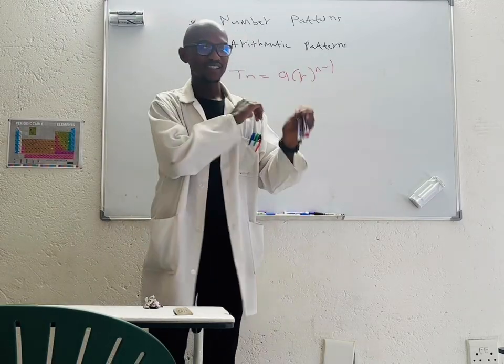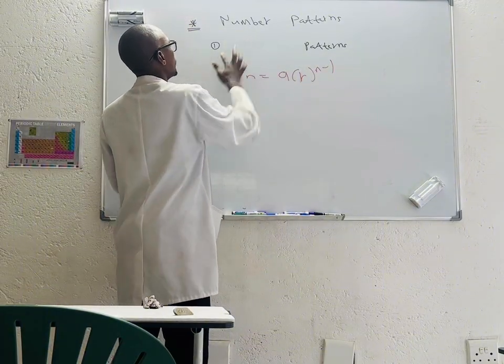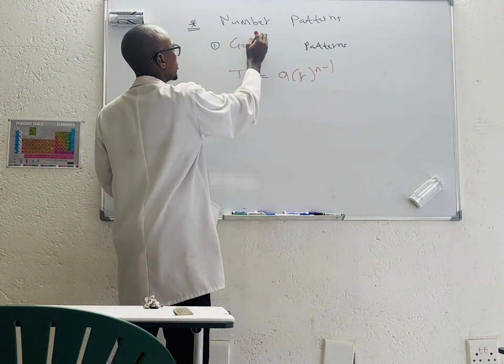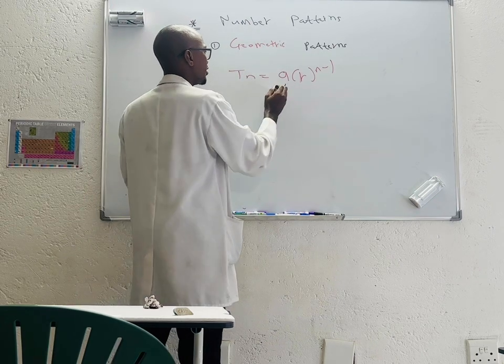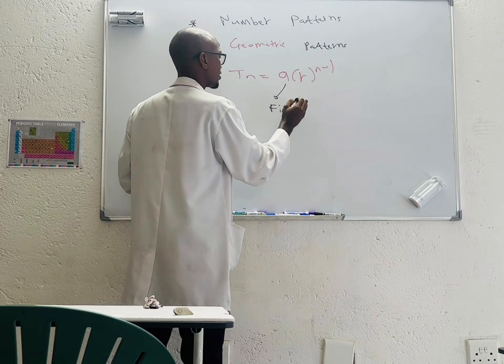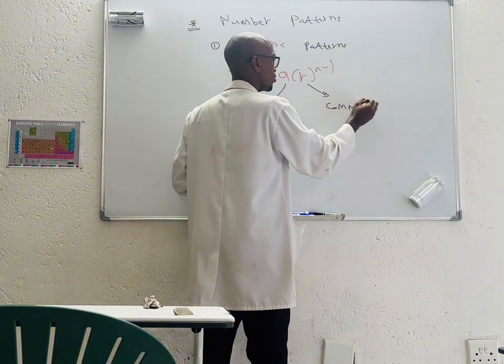So I'm basically introducing this guy now. Okay, check it out. Geometric sequence. Okay, this guy is our first term of the sequence. First term. This guy is known as the common ratio.